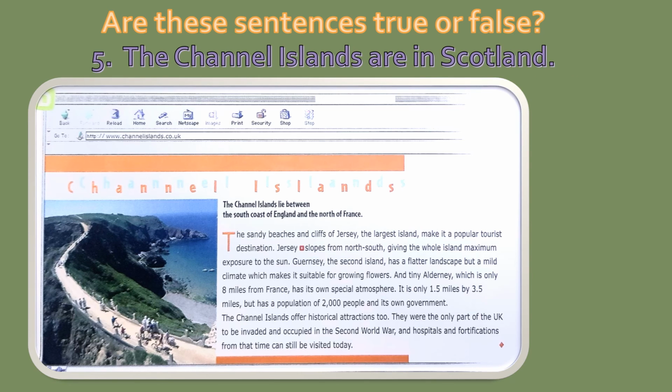Are the Channel Islands in Scotland? We can find about this in text D. The answer is false, because the Channel Islands lie between the south coast of England and the north of France.